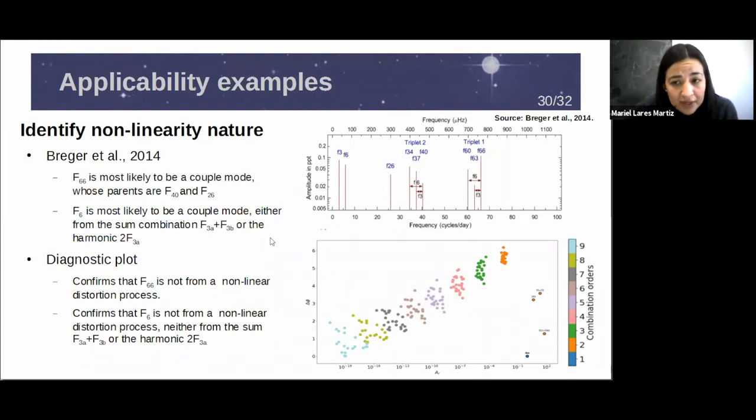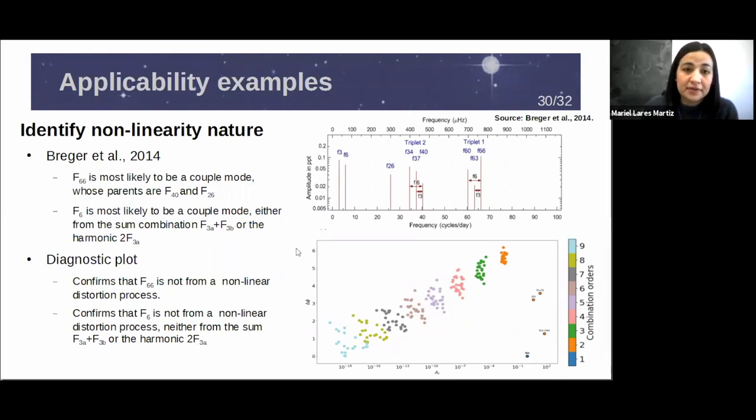So what we did is compute the diagnostic plot for this star, for these frequencies, and we confirmed that they are nonlinear distortion processes and they don't match the pattern. So this is another possible applicability of this template.